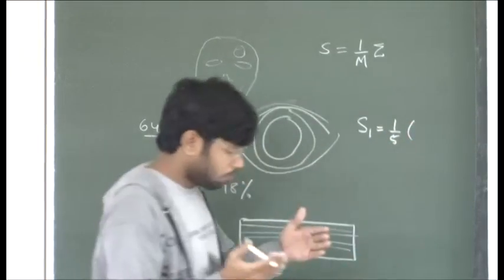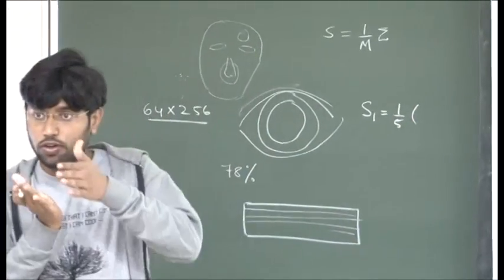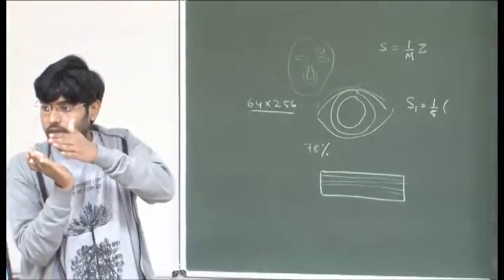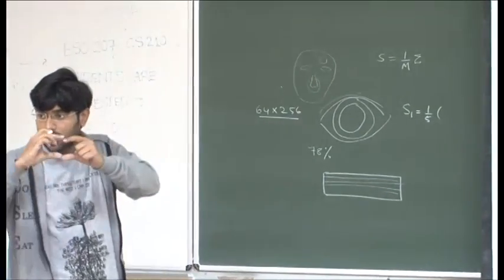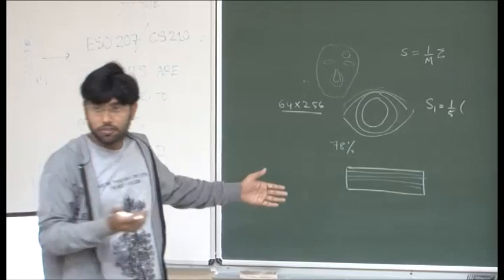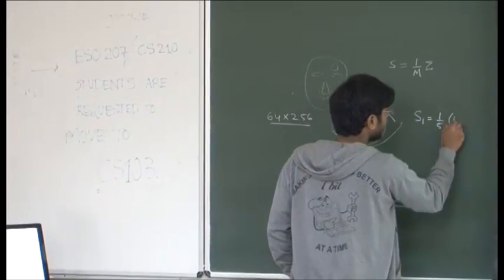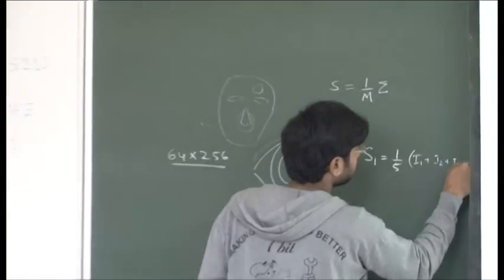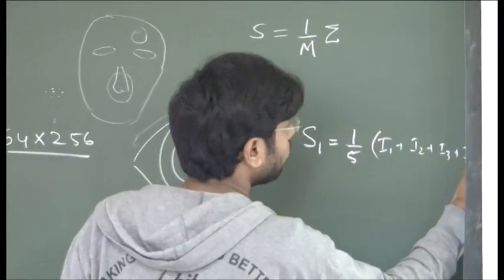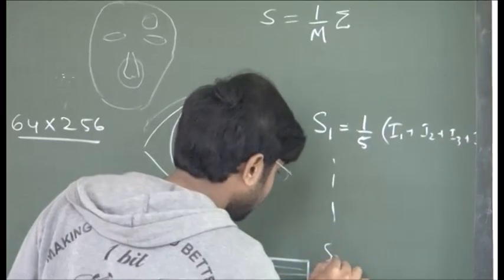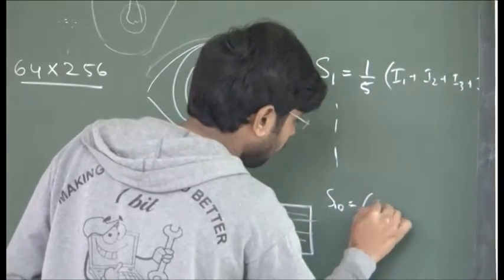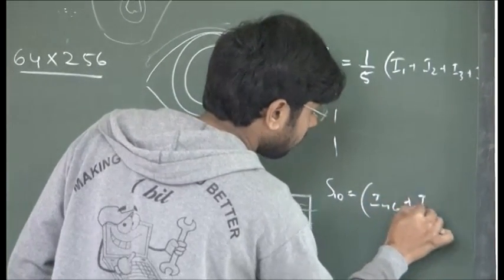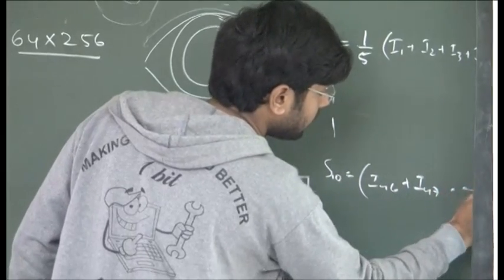I have bunched the given image rows into groups of 5, accumulated the first 5 rows and divided by 5. So S of 1 will take I1, I2, I3, I4 plus I5, divided by 5. S of 10 will take I46 plus I47 till I50.